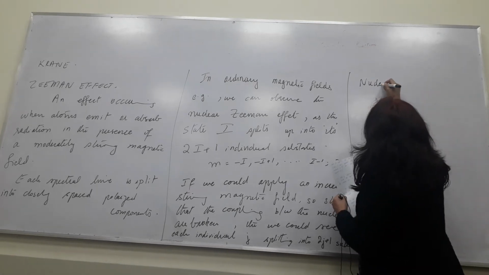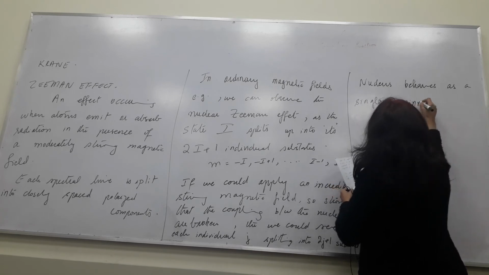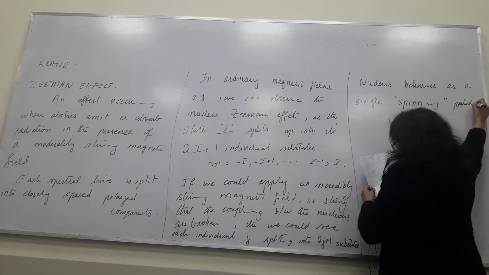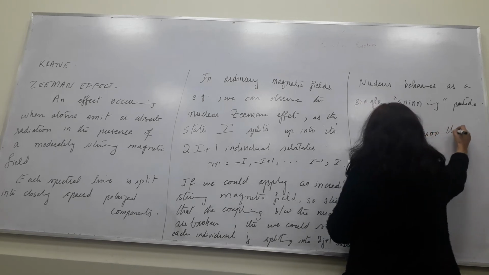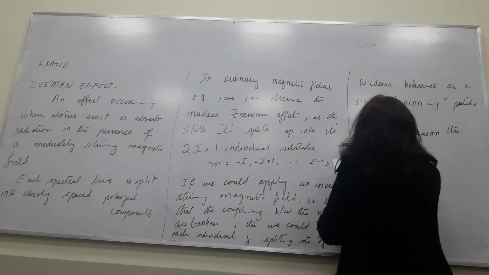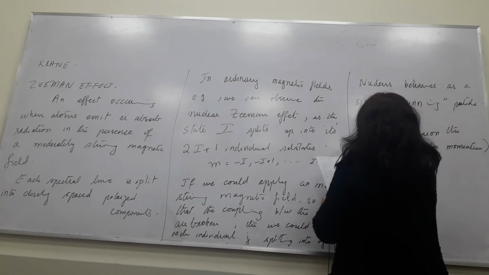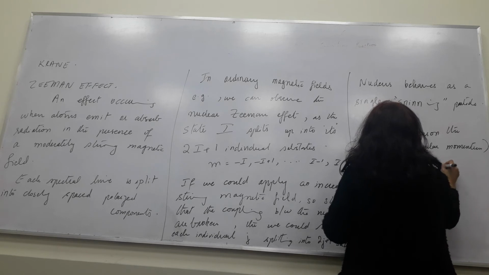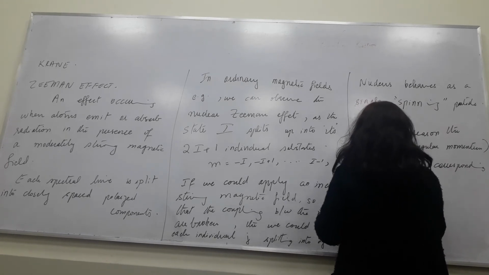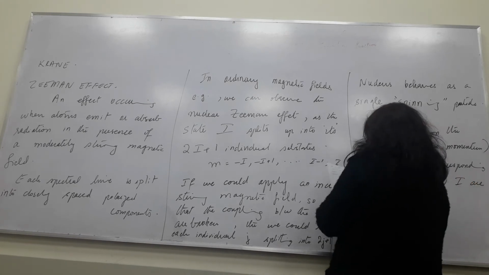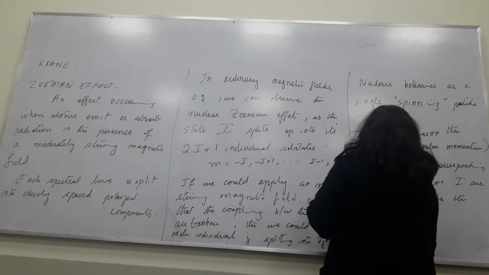So the nucleus behaves as a single spinning particle, and therefore the spin, which we are also calling the total angular momentum, capital I, and the corresponding spin quantum number are used to describe the nuclear states.